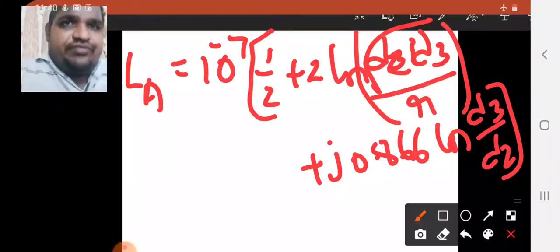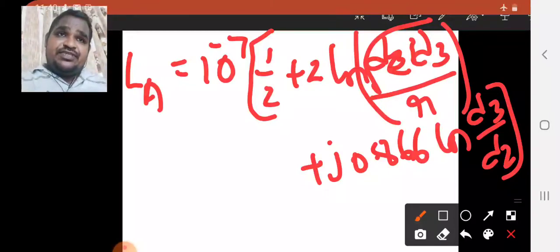So this is the final expression for LA. And similarly, can you write the expression for LB and LC?